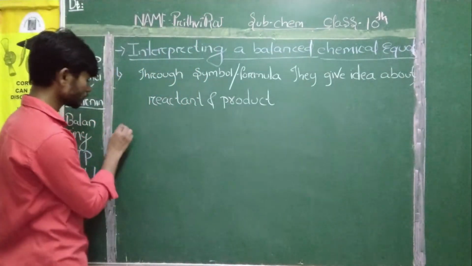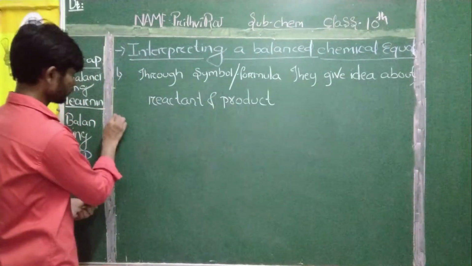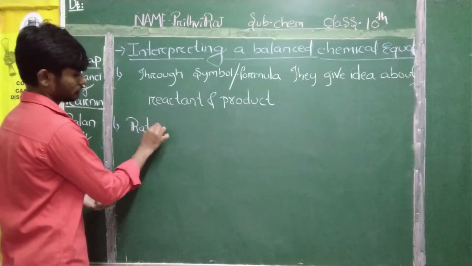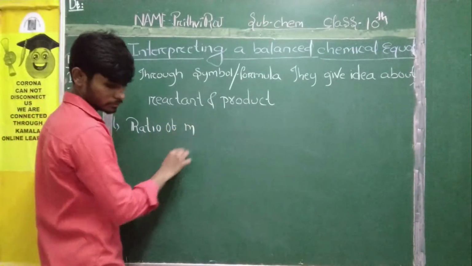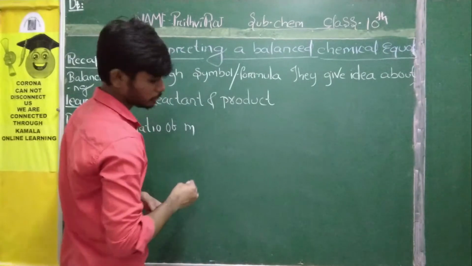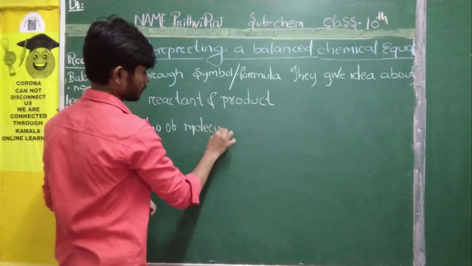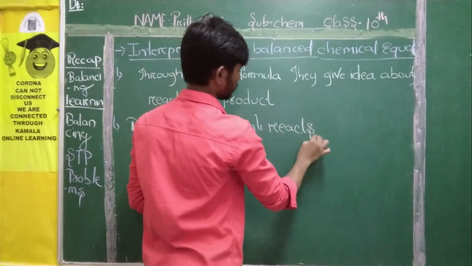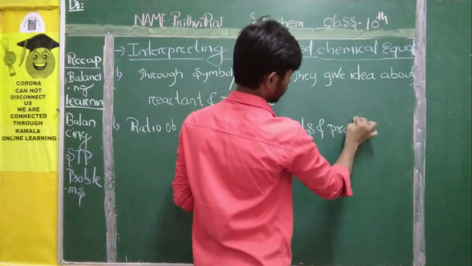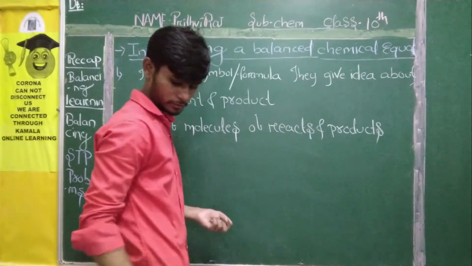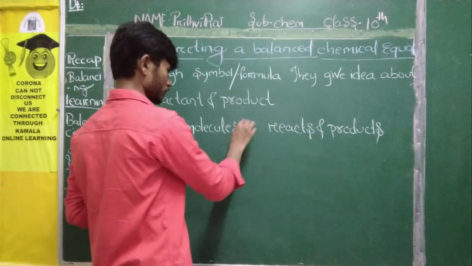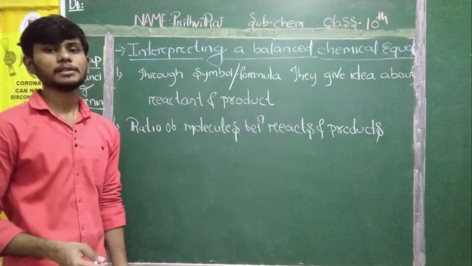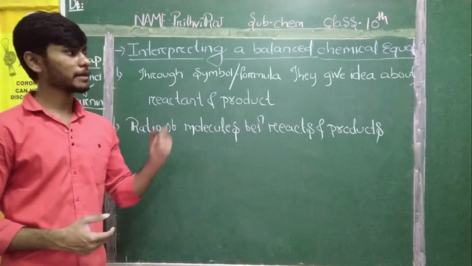The ratio of molecules between reactants and products is given by a particular data, by a chemical equation as well.